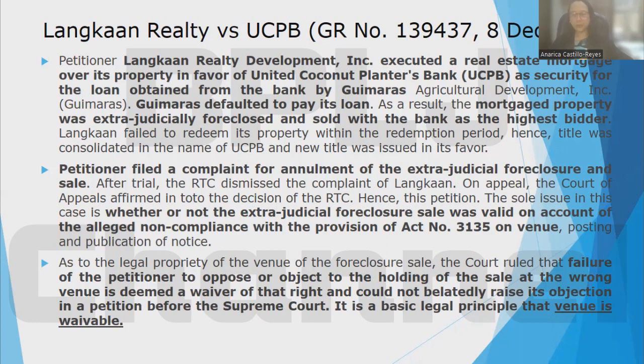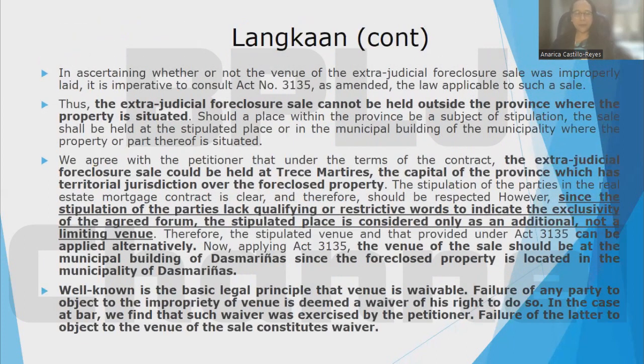Okay. The court ruled that failure of the petitioner to oppose or object to the holding of the sale in the wrong venue is deemed a waiver of that right and it could not belatedly raise its objection. It is a basic legal principle that venue is waivable. The extrajudicial foreclosure sale cannot be held outside of the province where the property is situated.